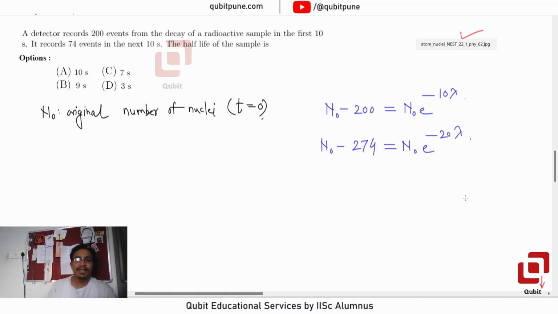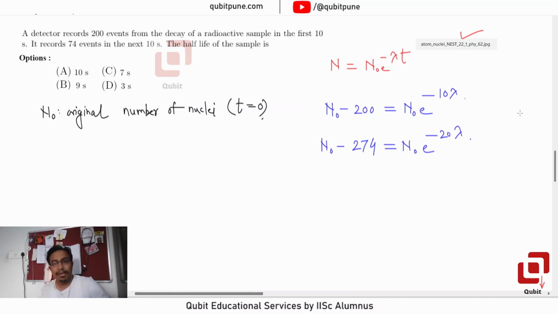Now raise your hands if you understood what I did here. How does the number of nuclei evolve with time? It is n0 e raised to negative lambda t. So n after 10 seconds will be n0 minus 200 and n after 20 seconds will be n0 minus 274.